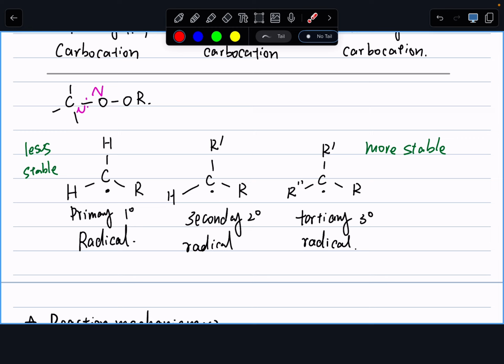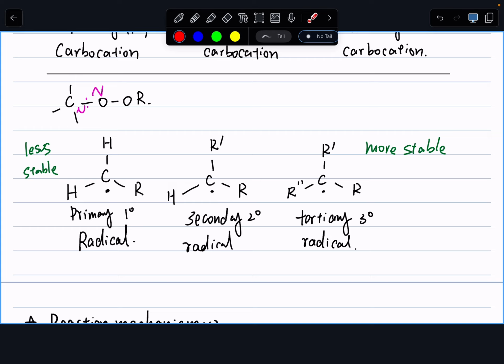So far, so good. We went over all of these, scattered around in previous lectures, but I think today is a good time to summarize everything and make sure we're on the same page. Primary, secondary, tertiary describes how many R groups are attached to the center carbon with the active species on it.